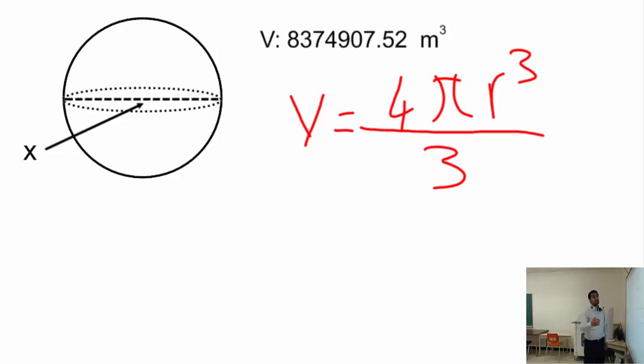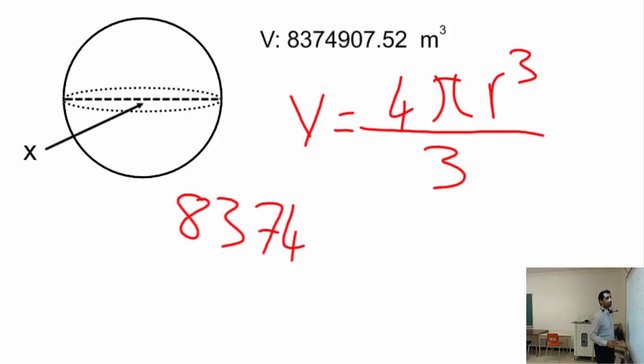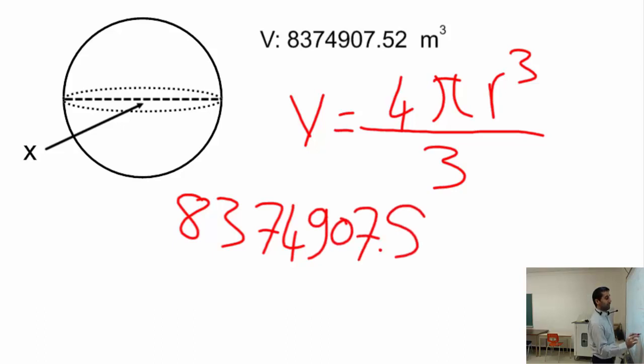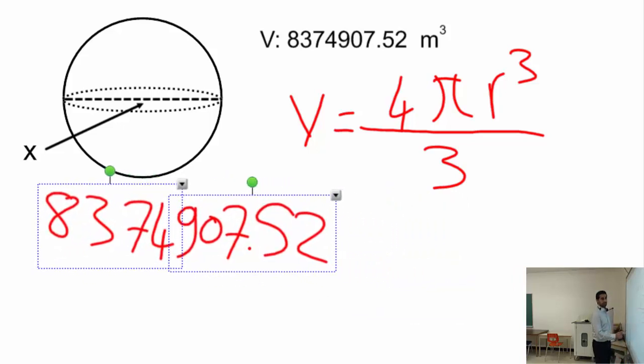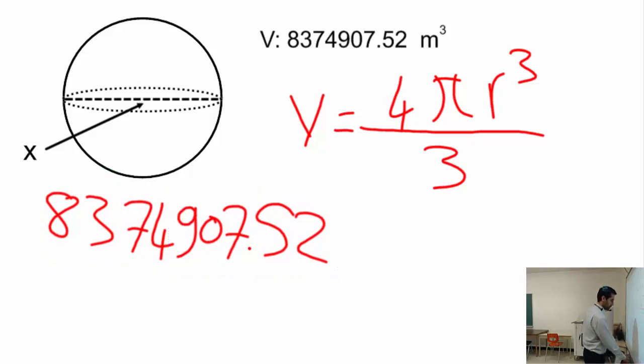Let's go ahead and write down that big ugly number here: 8374,907.52. Let's carry that here. It's supposed to be on the left side of the equation, and on the right side we have a long division line.